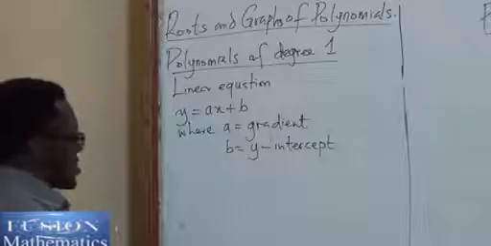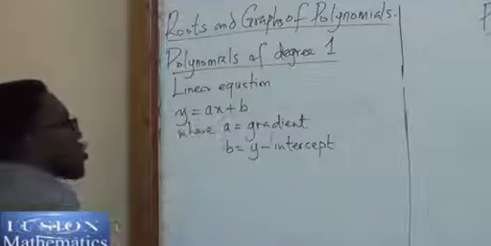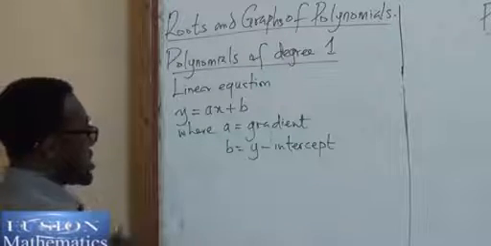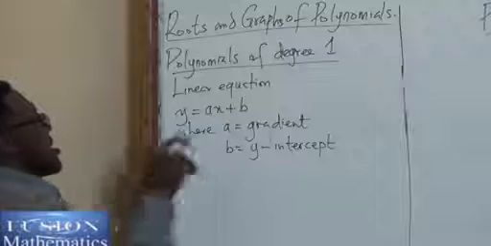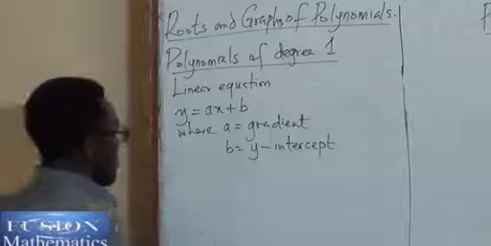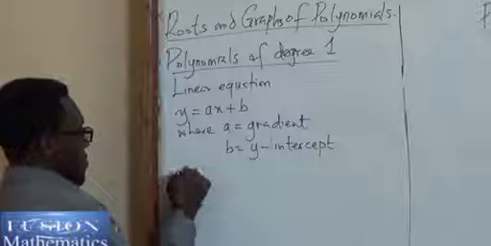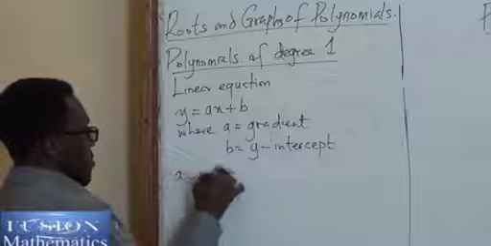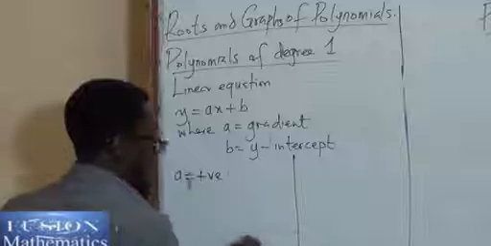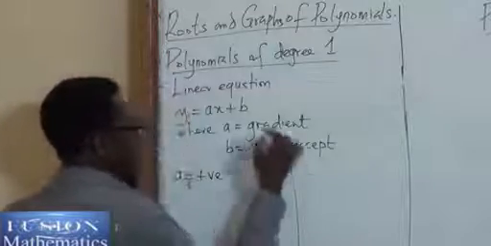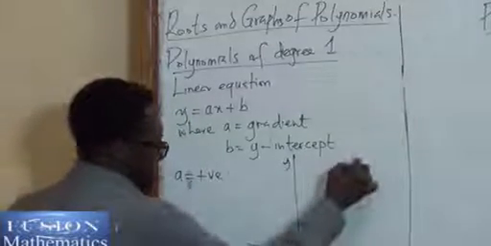We have two cases where the coefficient of x, which is also the gradient of the line, is positive or negative. So if we have a as positive, the graph will look like this. This is the x-axis, this is the y-axis. The graph will go this way.